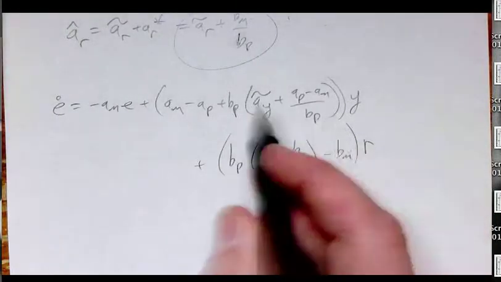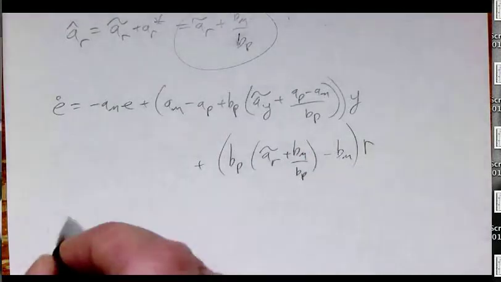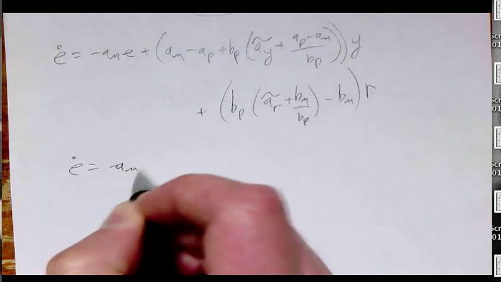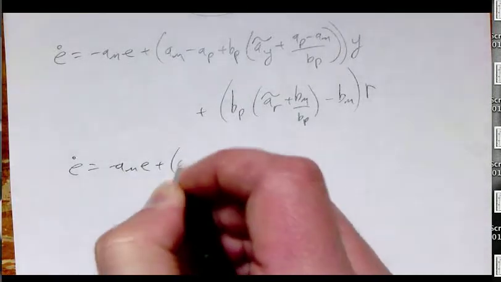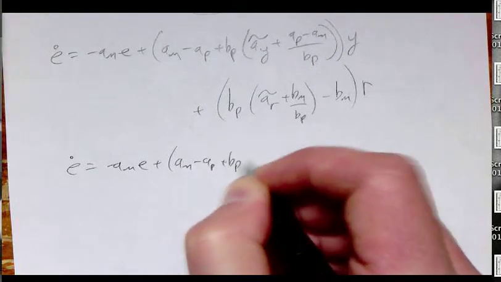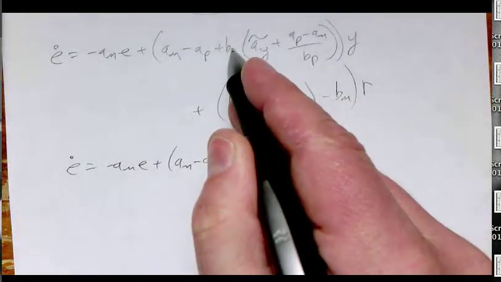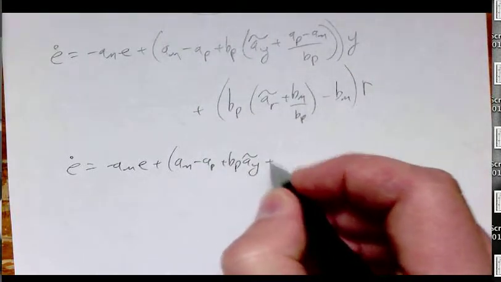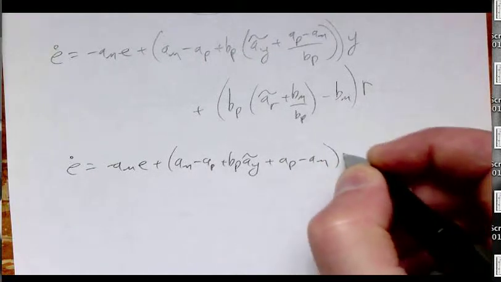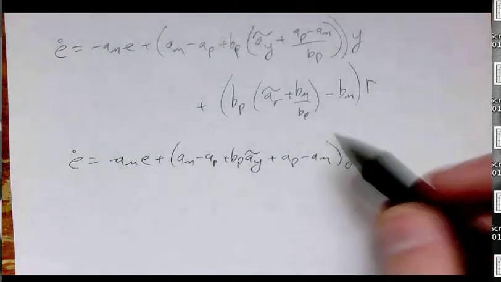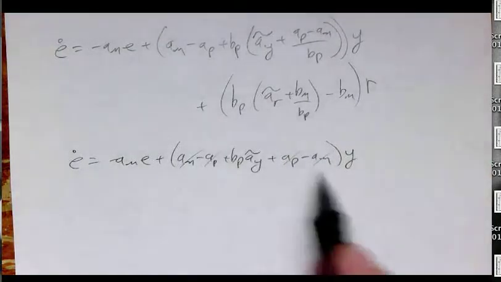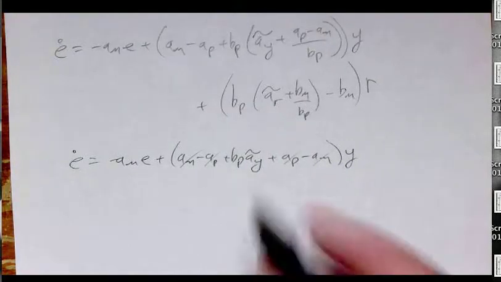So I'm going to multiply this out. So E dot will be a negative AM E plus AM minus AP plus BP AY tilde, and then this BP will cancel the BP in the denominator, so we'll get a plus AP minus AM all times Y, which is good news because that will cancel that and that will cancel that, and we're left with exactly what we want.